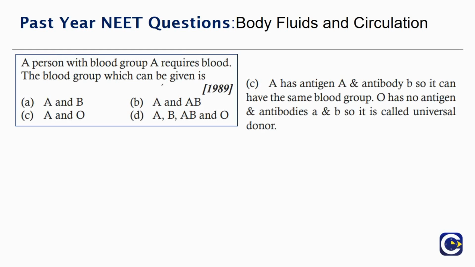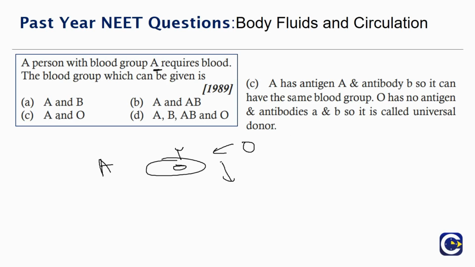A person with blood group A requires blood. Which blood group can be given? If he is A positive, his antigen is A and the antibody is B. So we can give O blood group. O blood group is the universal donor, so he can accept the O blood group or the A blood group itself.